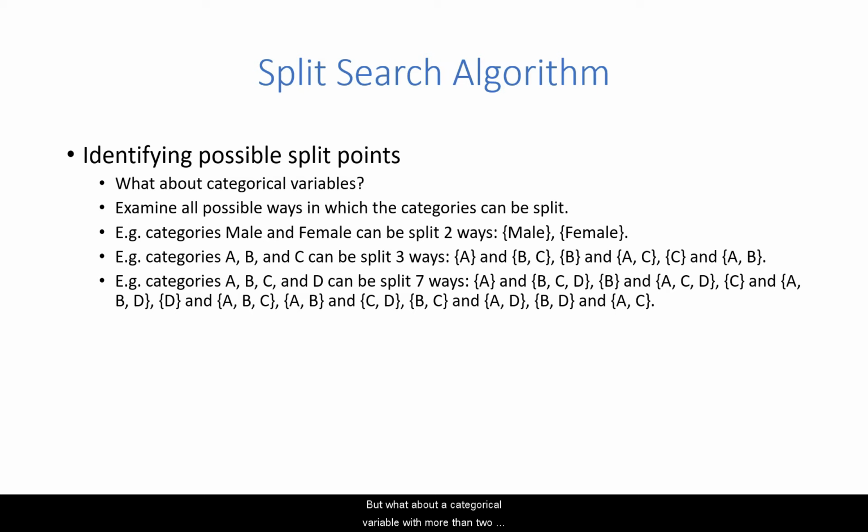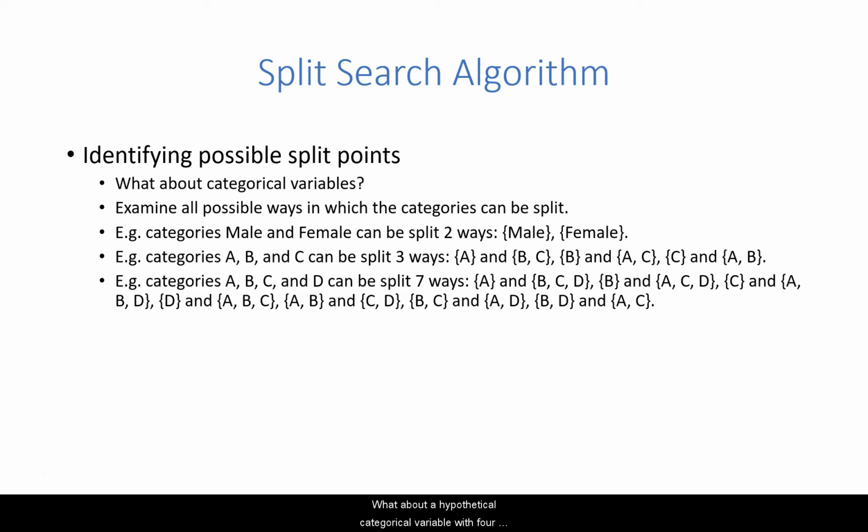But what about a categorical variable with more than 2 categories? For example, a hypothetical categorical variable with 3 categories, A, B, and C. We can split the categories 3 ways into A and BC, B and AC, and C and AB.